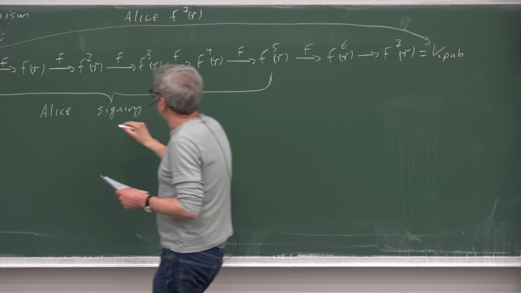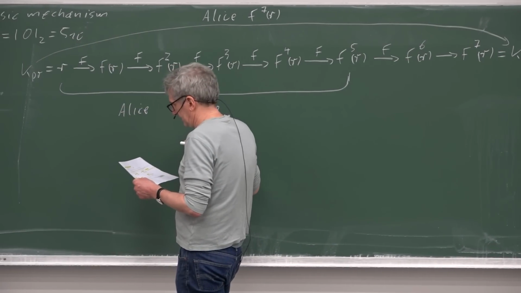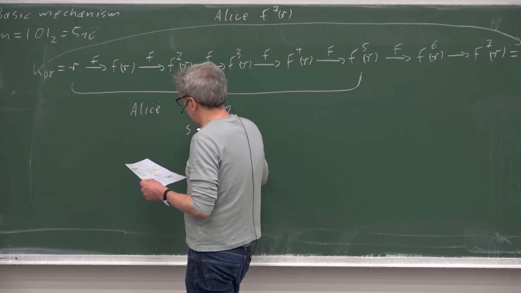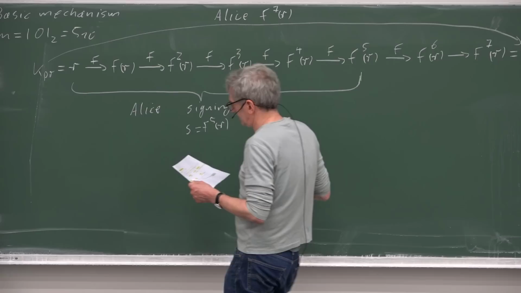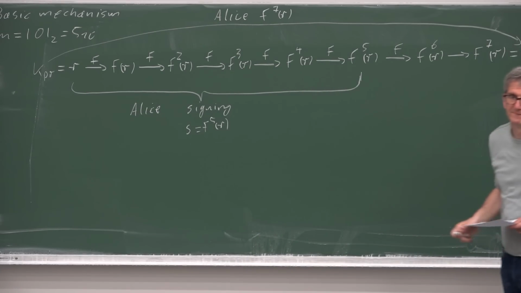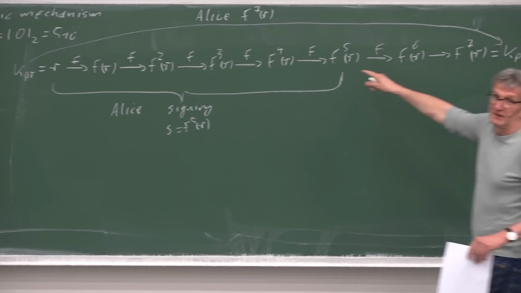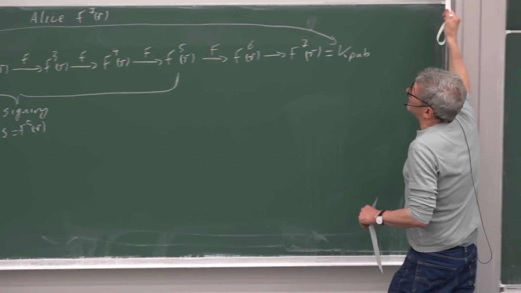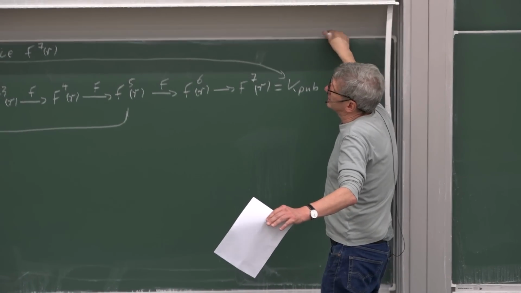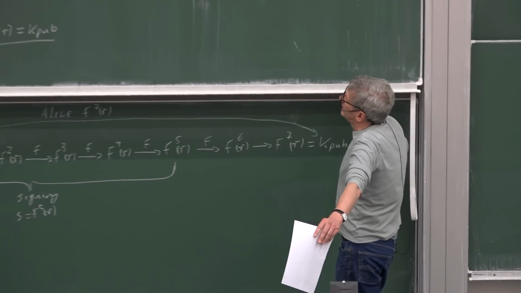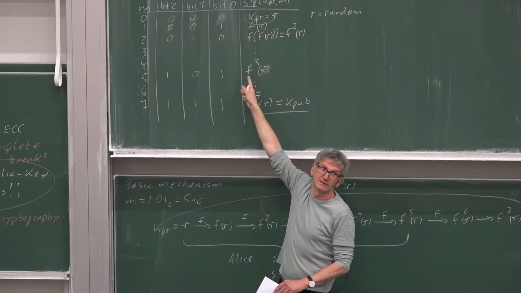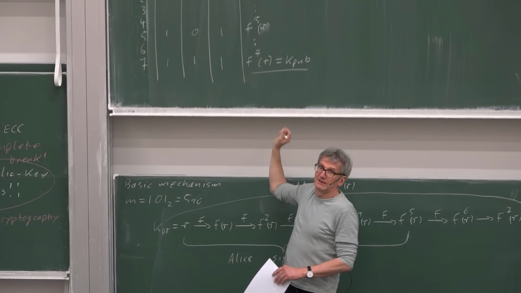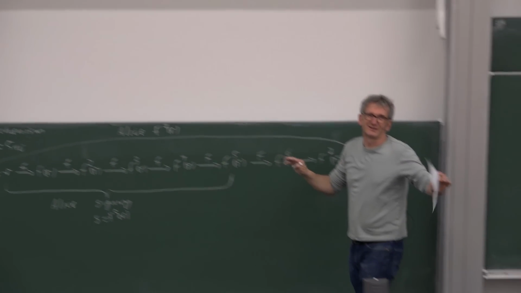So for this M, the signature is F to the 5th of R. If you ask me, this is a nicer way of showing this here. I'm sorry, I'm going down, I'm going to put that back up again. But the really cool thing is still to come.